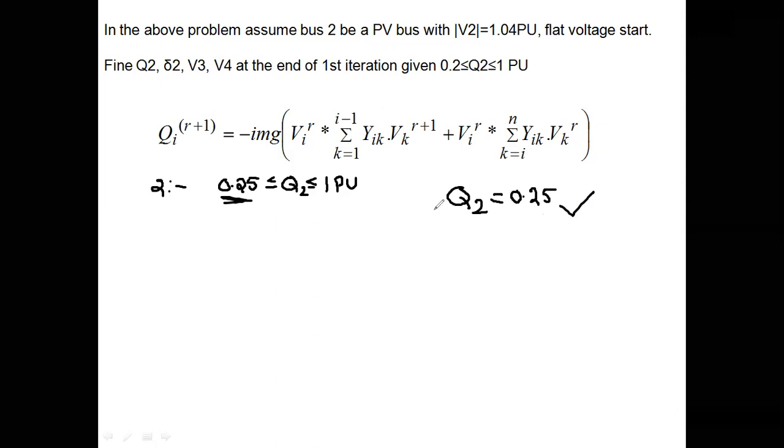Because if the limits are in between 0.25 and 1 per unit, again we are following the same procedure we just saw. But in this particular case, the calculated value is less than the minimum value of Q2. So that's why the PV bus has been converted to a PQ bus. Okay, so this is the case.